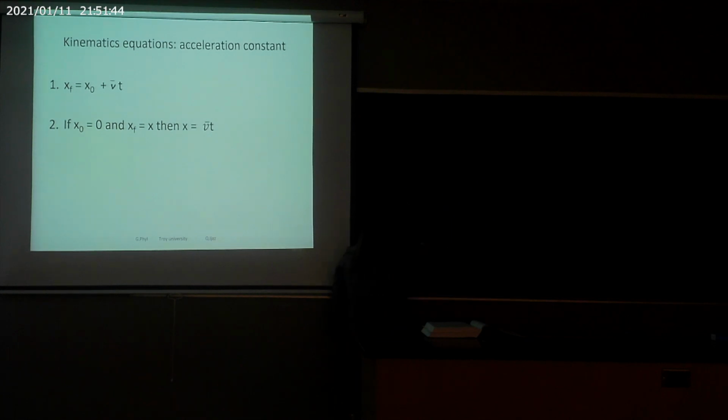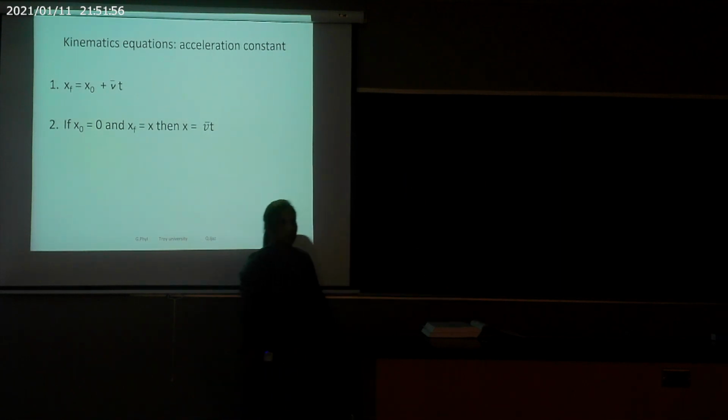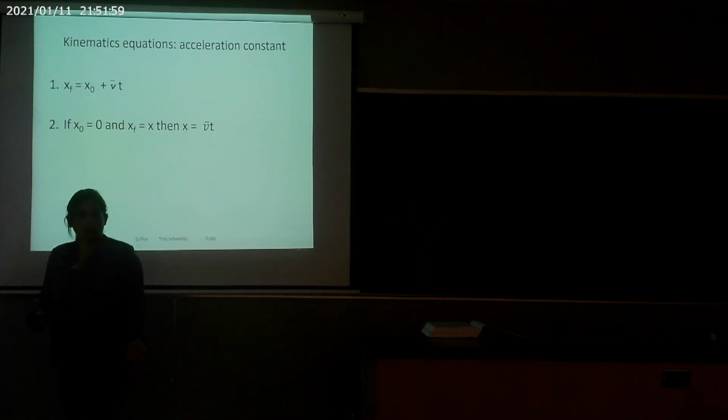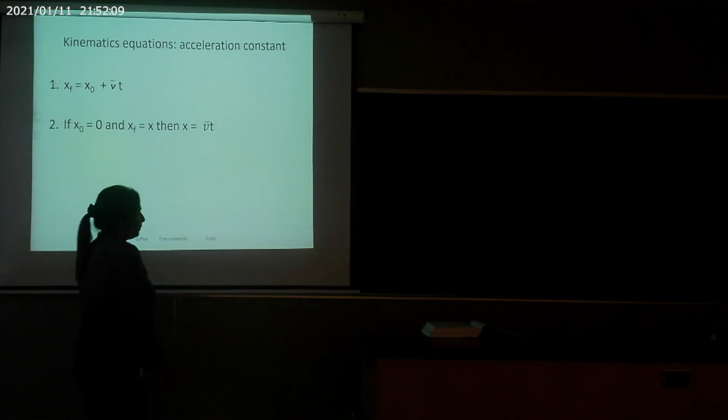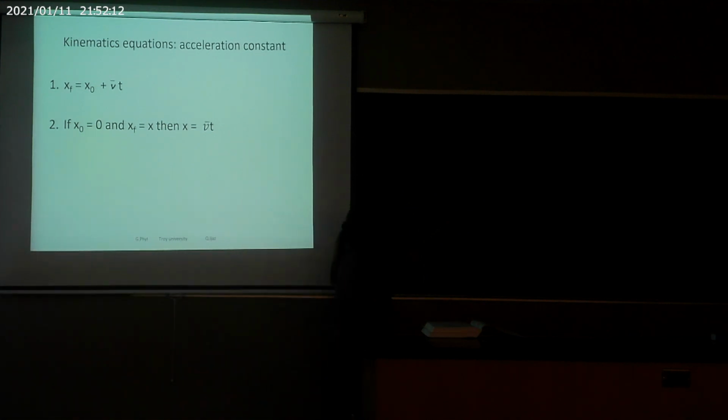Where was this object initially? X naught. Now it is moving at the rate of v average. The total time taken for this motion will give you the total change in displacement. So what is the physical meaning of this equation? You want to know how much distance the object has traveled when it started its motion from x naught and moved through some distance in time interval t.